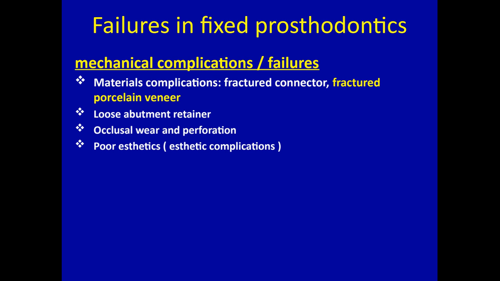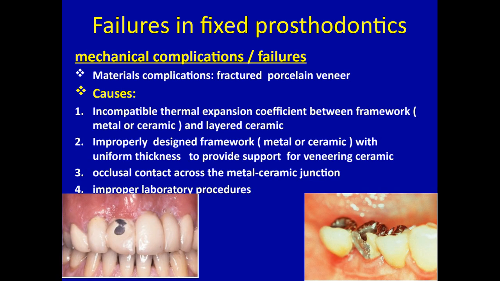The second mechanical complication related to the materials includes fractured porcelain veneer. The causes of these complications are either incompatible thermal expansion coefficient between the framework and the layered ceramic.